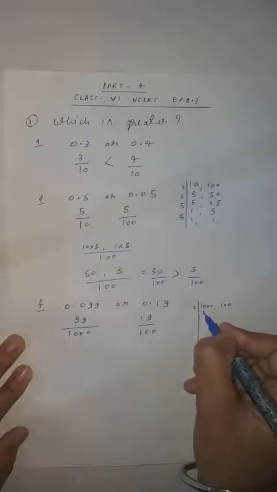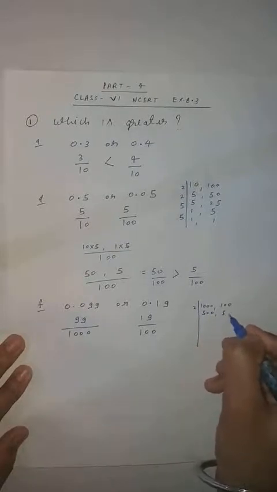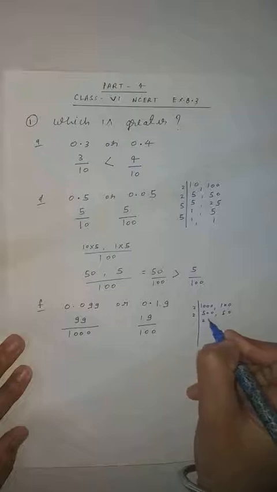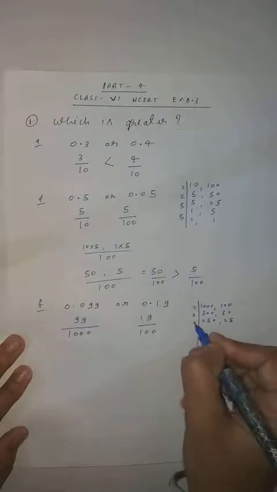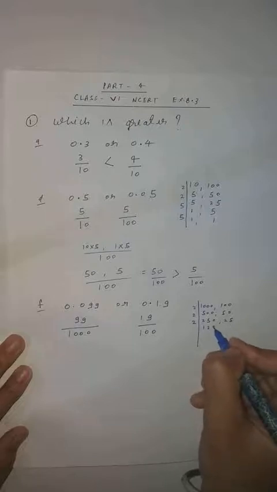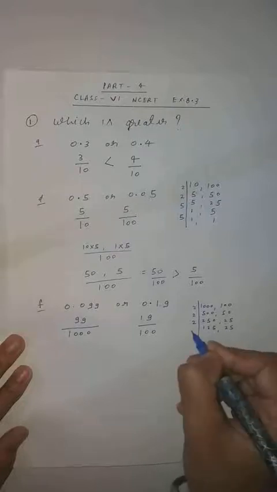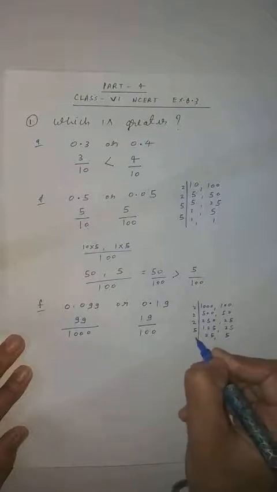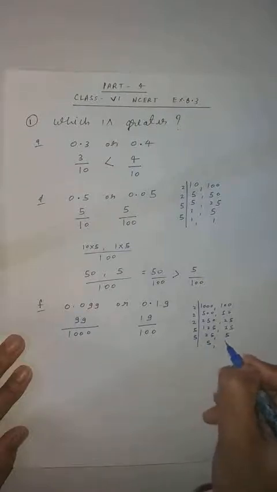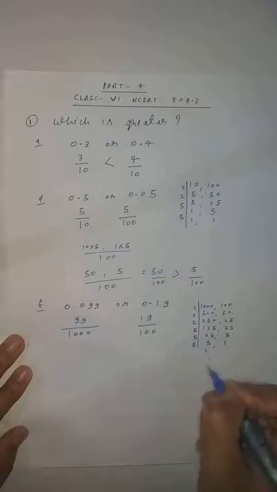2 5 are 10, 2 2 are 4, 2 5 are 10. Now again 2 1 are 2, 2 2 are 4, 2 5 are 10, 25. 5 2 are 10, 5 5 are 25. 5 5 are 25, 5 1 are 5. Clear student?